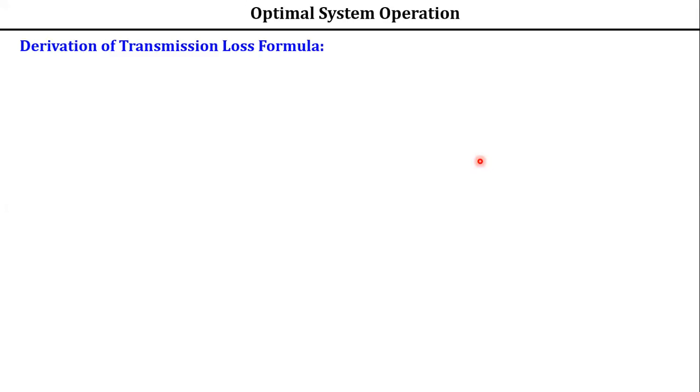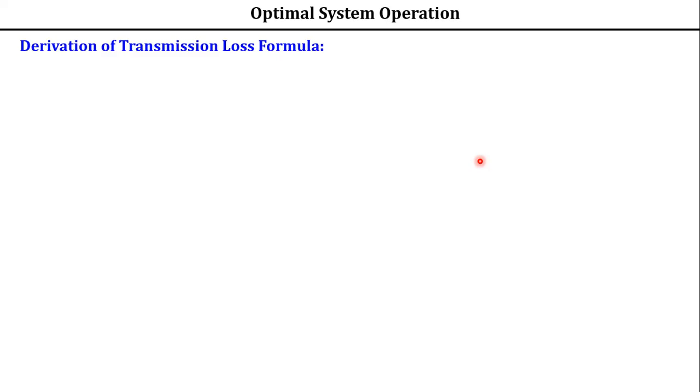What is required is the transmission loss formula. So we are going to get the formula for your transmission loss PL. Understood? What we did earlier, taking matrix index form, was just an approximation. So here we will try to get a method which will give you almost exact transmission loss formula.